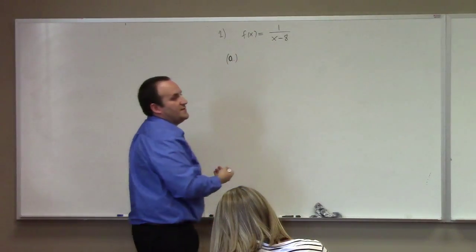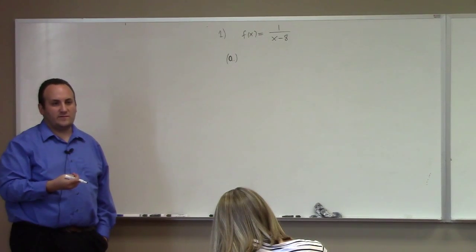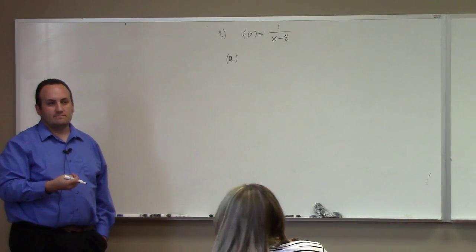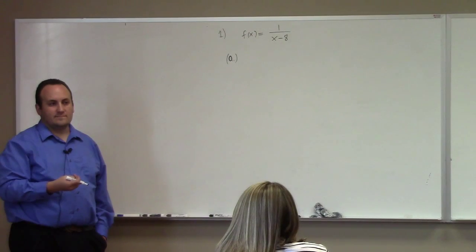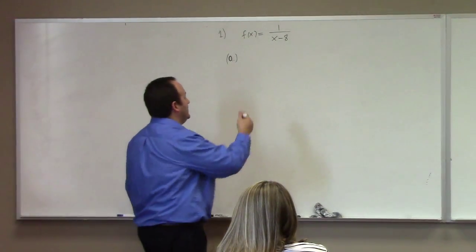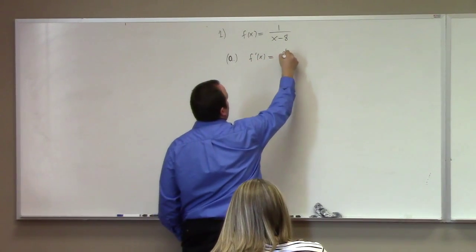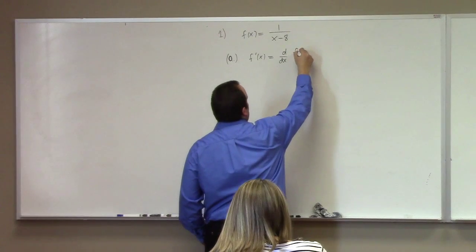There are two ways you could find f prime of x now. Did it tell you to use the definition of the derivative? Aha! So we don't have to use the definition of the derivative if we don't want to. So how can we differentiate this? This is d dx of h of x over g of x.